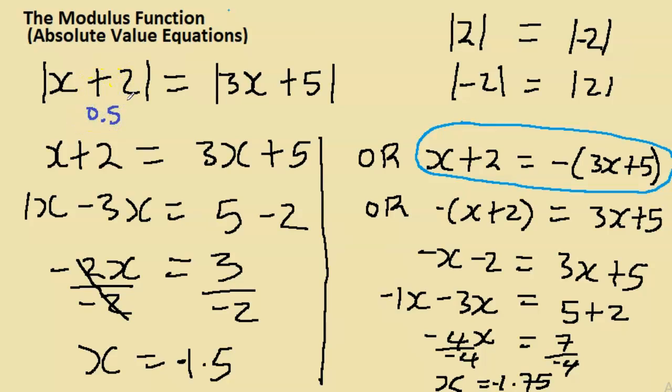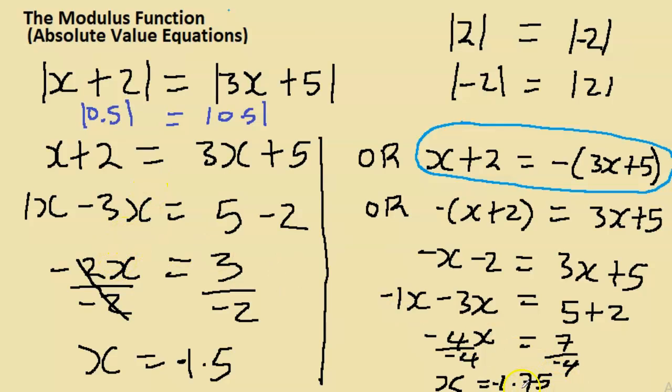So I have the modulus of 0.5 here. And if I plug negative 1.5 in over the right hand side, I'll have 3 times negative 1.5, which is negative 4.5. And negative 4.5 plus 5 is 0.5. So the left hand side is the same as the right hand side.